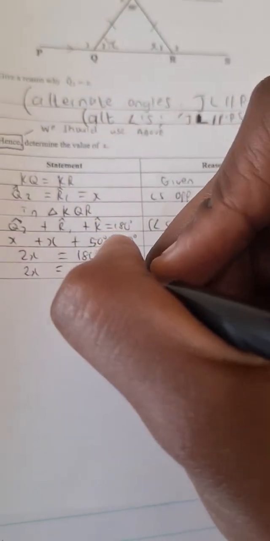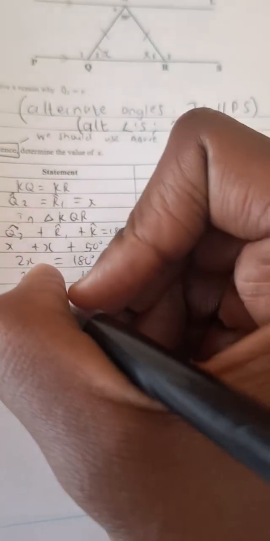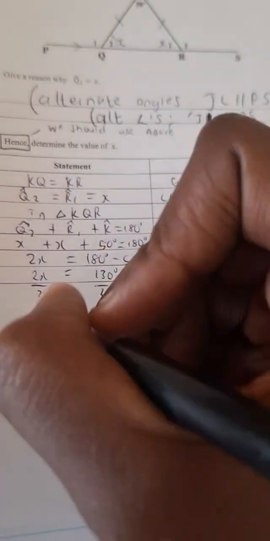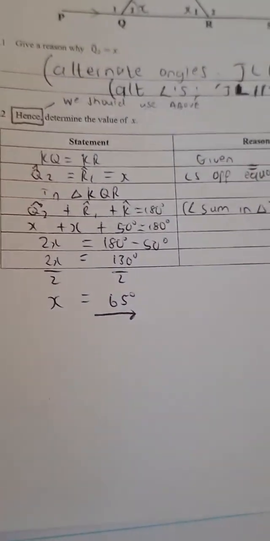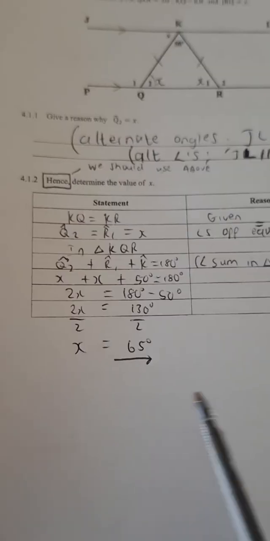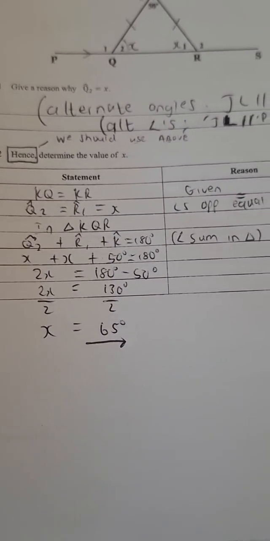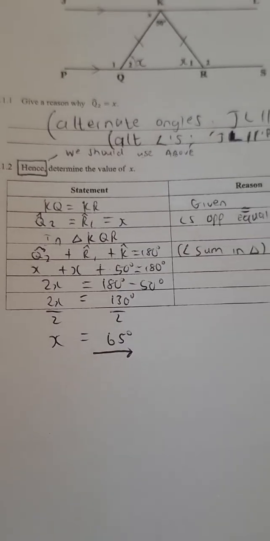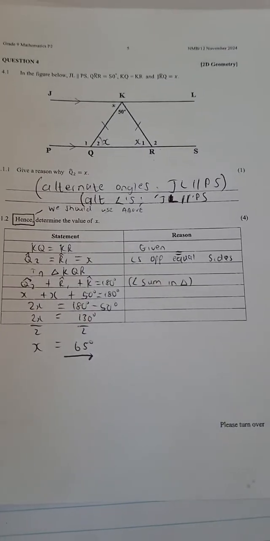So 2x is equal to what? 130. Then we can go ahead and divide both sides by 2. We get x is equal to 65 degrees. So the value of x, there it is, is 65 degrees. And that is how we are able to solve for that x. Okay, easy, right?